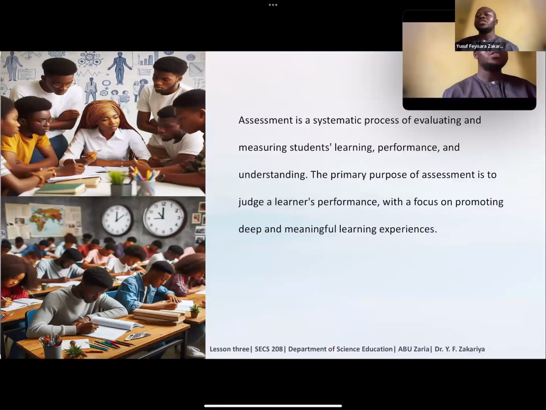Judging learners' performance is a form of assessment, and there are some methods through which you can achieve that. But promoting deep and meaningful learning experiences is another form of assessment, and there are several methods through which you can achieve that. Our lesson today will be based on these two forms or methods of assessment.